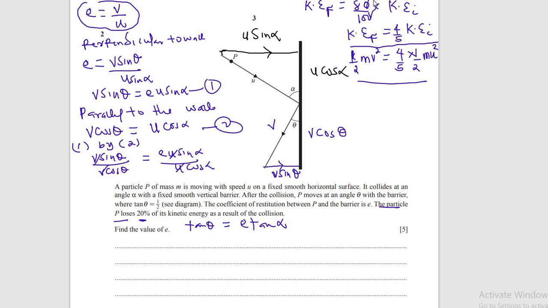Remember from the question, there's a condition: tan theta equal to half. Since tan theta is half, e tan alpha is equal to 1 over 2. So from here, e will be 1 over 2 tan alpha, equation 3.